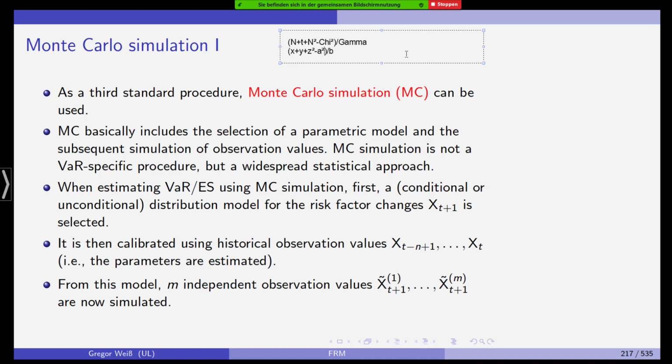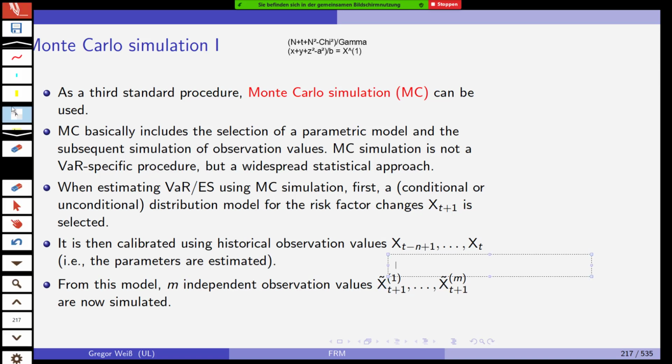So we have 1, 2, 3, 4, 5 simulated observations from these 5 distributions. We add those according to this formula, and then we would have our first observation, which would then be x, 1. So this would be the first observation here.